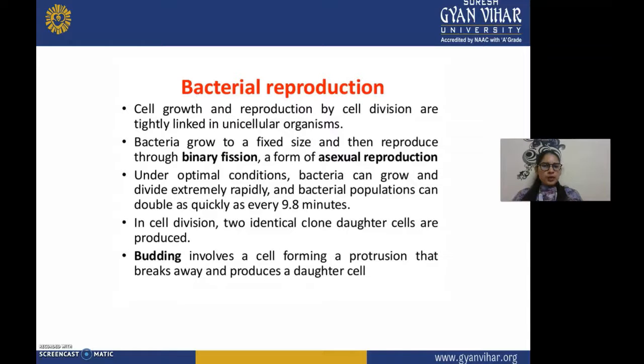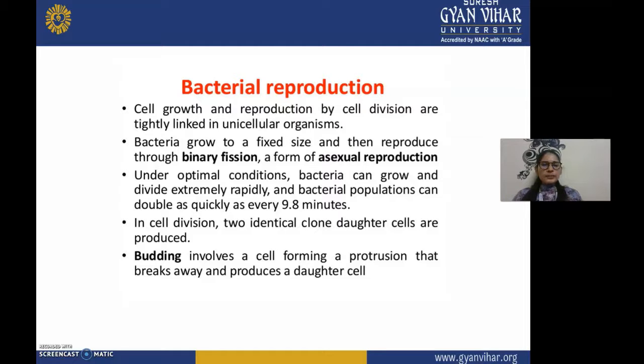Now, bacterial reproduction. Bacterial cell growth and reproduction by cell division are tightly linked in unicellular organisms, and bacteria grow to a fixed size and then reproduce through binary fission, a form of asexual reproduction.